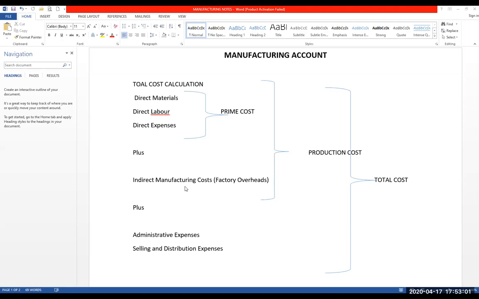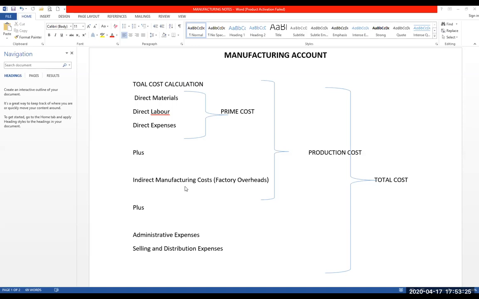So, for example, a manufacturing company is Carib. Carib actually makes their own drinks. So what they do is their drinks go through a process to manufacture or to produce the final product.